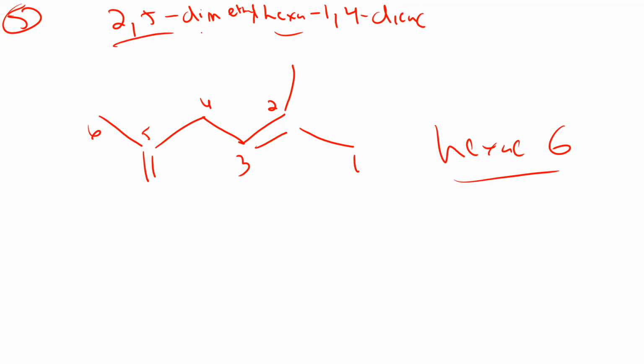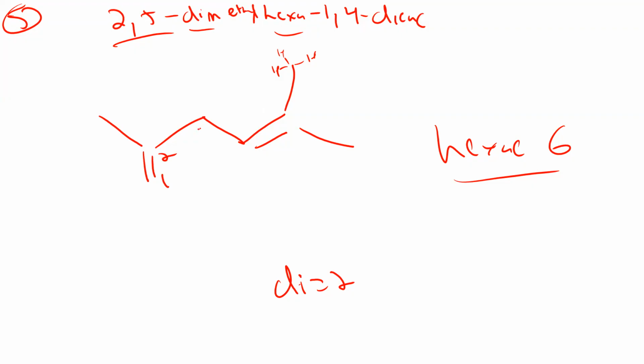At the 2,5 position, di means you have 2 methyls. So di equals 2. So at the 2 position, you have a methyl group. And at the 5 position, let me see. I might have started wrong, actually. Okay, I started numbering this wrong. I apologize for that. Let me restart my numbers.